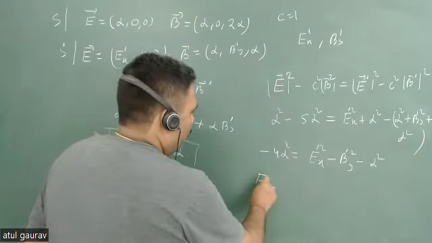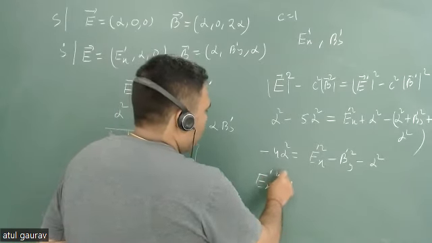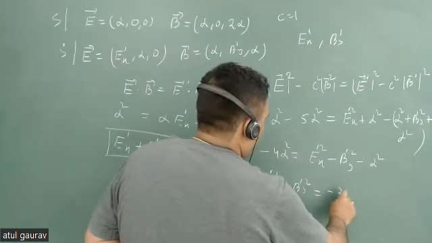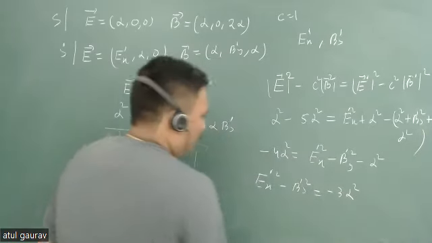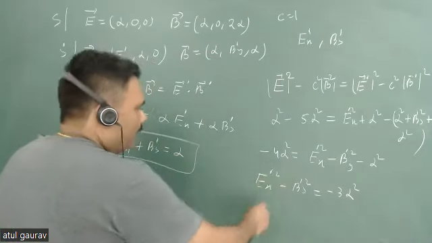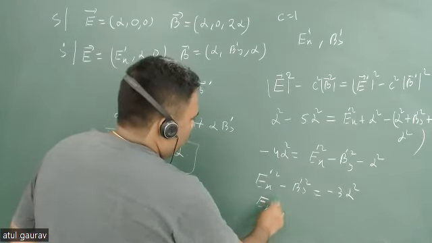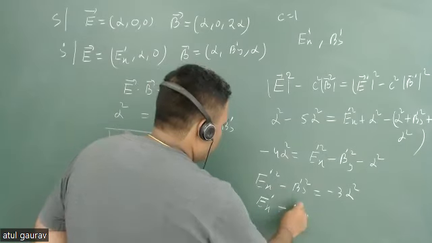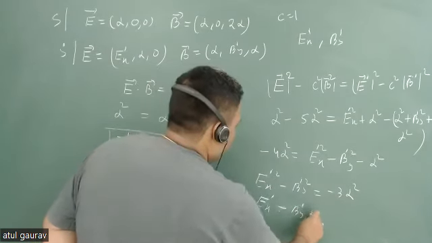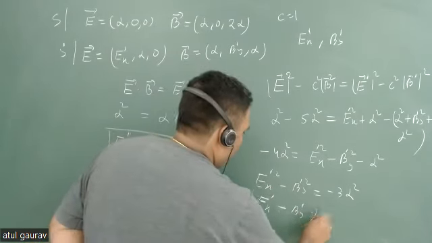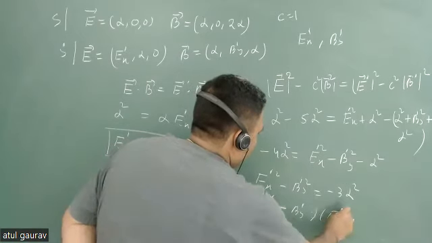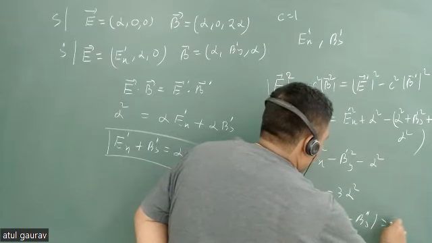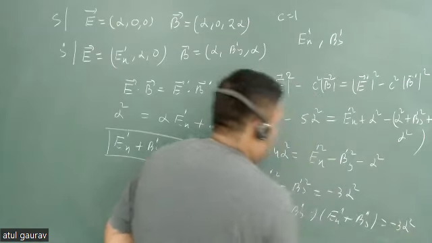And what you have is Ex dash square minus By dash square is equal to minus 3 alpha square. And you can again write this particular thing as Ex dash minus By dash into Ex dash plus By dash is equal to minus 3 alpha square.